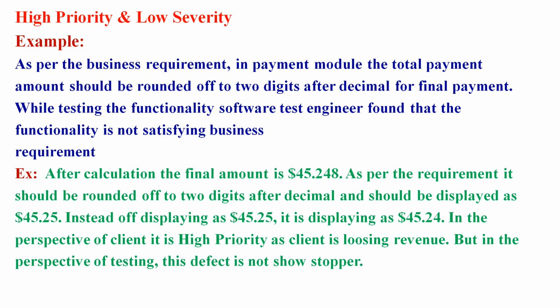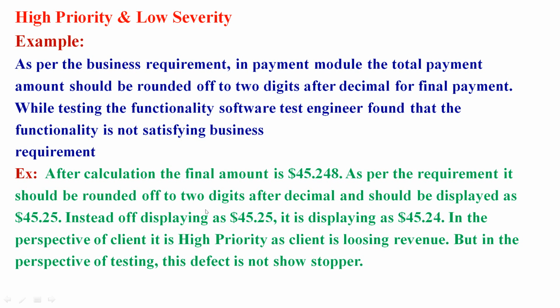Now, this $45.248 should get rounded off and should be displayed 2 digits after decimal. Right? Now, after round off, how much does it have to display? $45.25. Right? Because this 8 is greater than 5, it should add 1 here, $45.25.